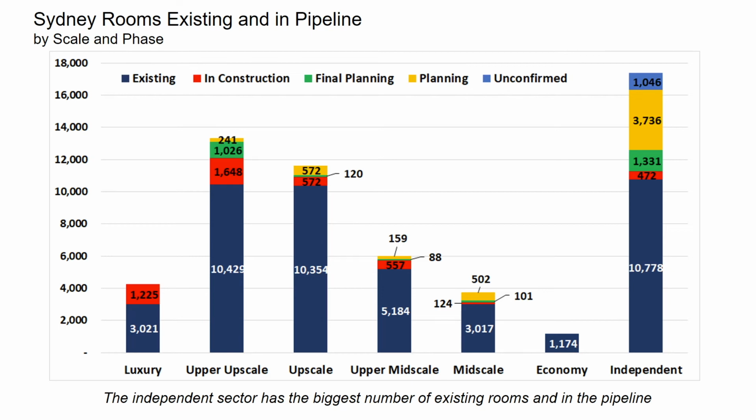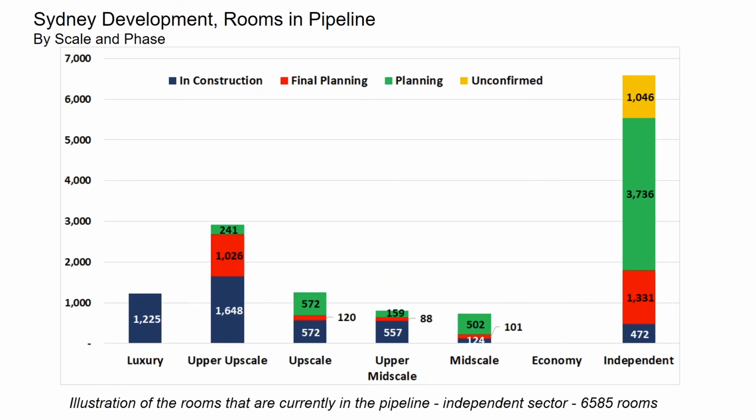And it's interesting to see again that the hotel room numbers in the independent hotel category, upscale and upper upscale category are about the same. But there's a big difference when it comes to the rooms that are currently in the pipeline. Obviously, the independent hotel category has the biggest amount of rooms that are in the pipeline, followed by upper upscale, and then followed by the upscale category.